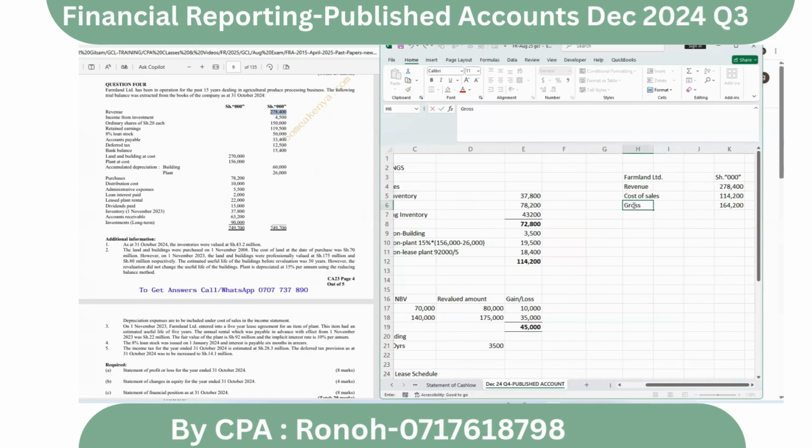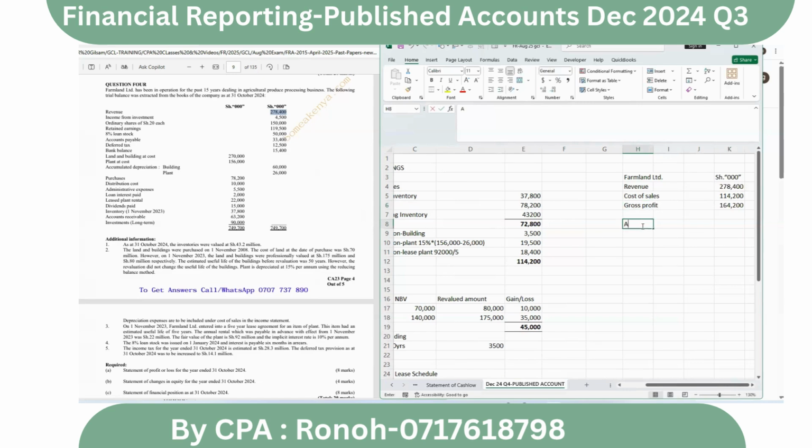Or do we have any other which we have to classify under the cost of sales? I have done them all: building, depreciation, land. Do we have anything which we need to capture there? Okay, seeing it. So let's move on.